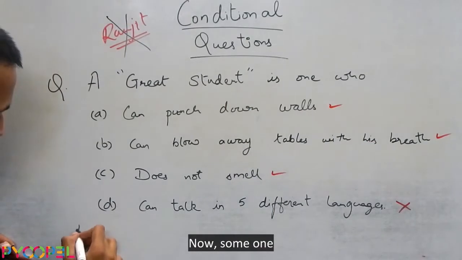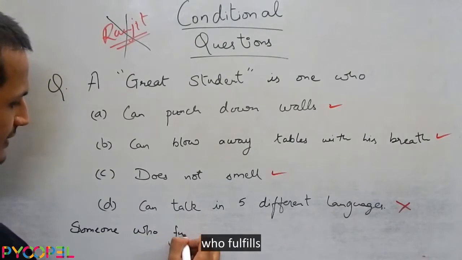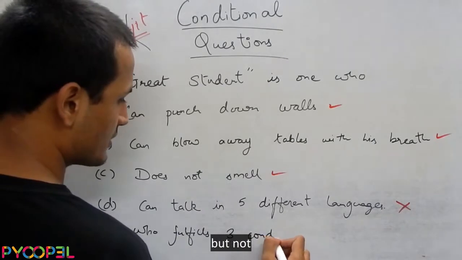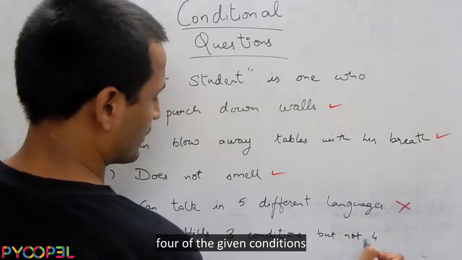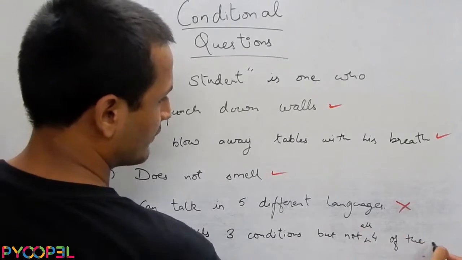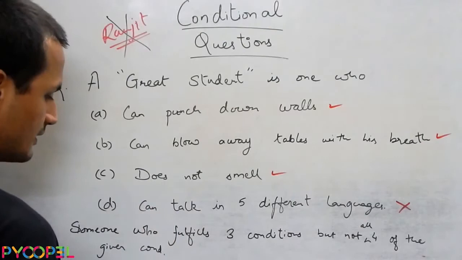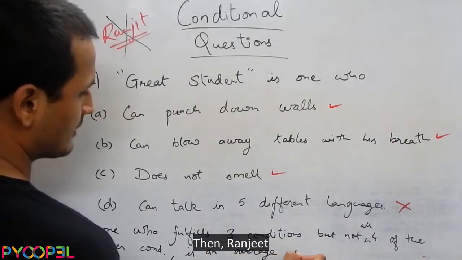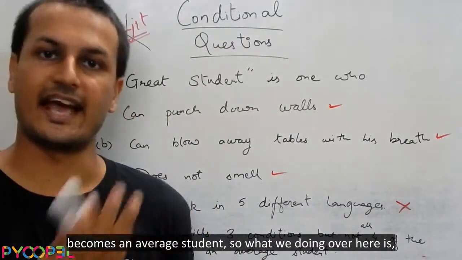Now, someone who fulfills 3 conditions but not all 4 of the given conditions is an average student. Then Ranjit becomes an average student.